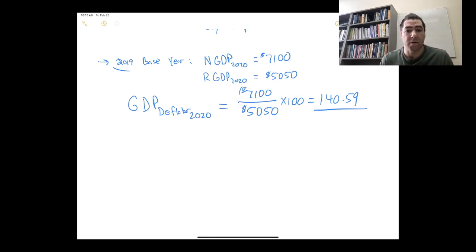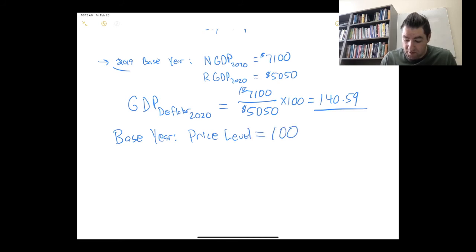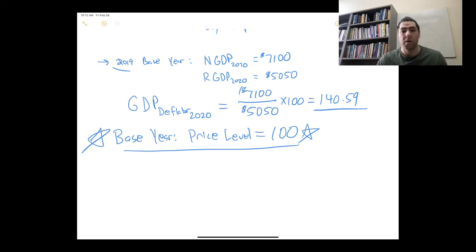Here is an important insight about price levels in general: in the base year, the price level, however it's measured, so that is our GDP deflator, is always equal to 100. The base year is the initial year of prices, and we're measuring all price levels relative to that base year in terms of 100.